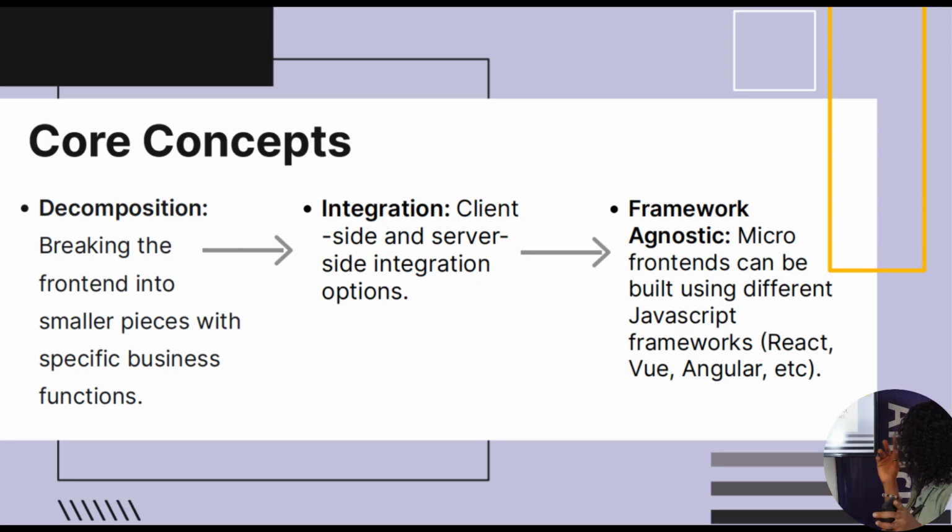The next one is integration, meaning integrating the front ends so that they can work together as a single application. Then framework agnostic, meaning you have the freedom to use different frameworks for each front end. When you use a single code base, you can employ different frameworks, but in this one you have the opportunity to use different frameworks for each of the features.